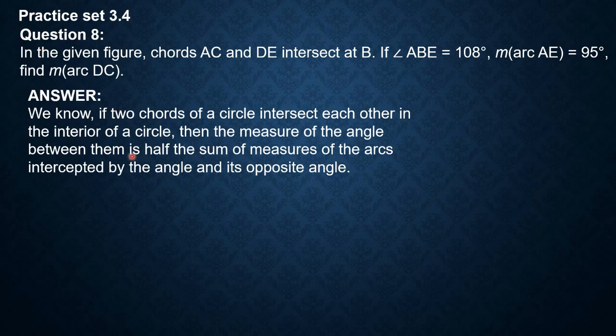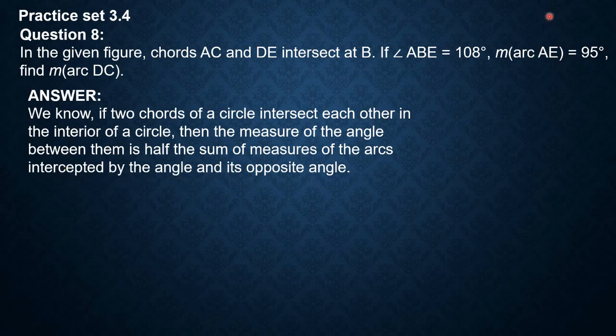To solve the sum, we need to know a property first. The property says that if two chords of a circle intersect each other in the interior of a circle, then the measure of the angle between them is half the sum of the measures of the arcs intercepted by the angle and its opposite angle.